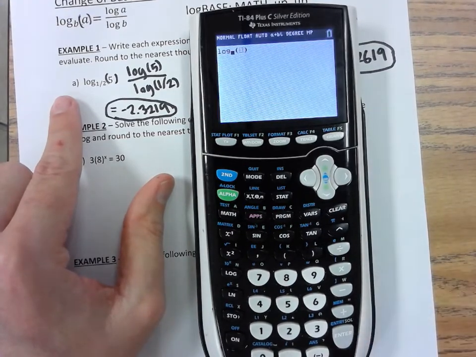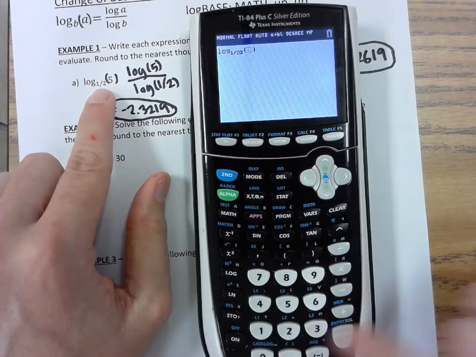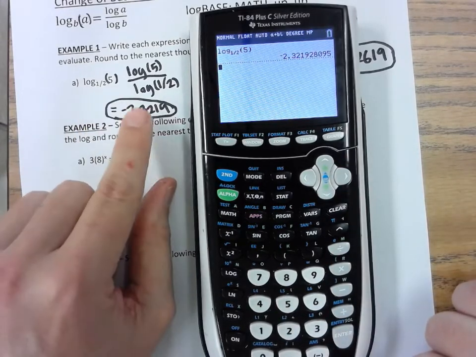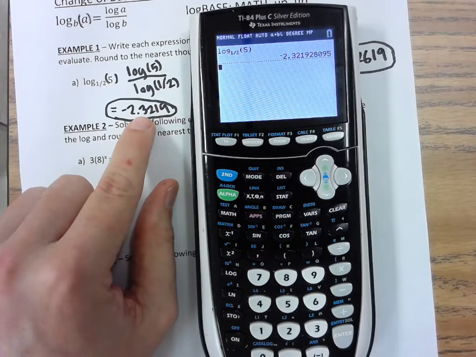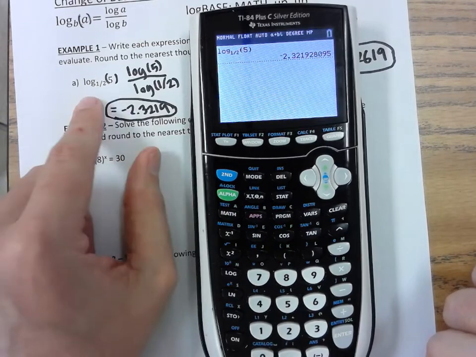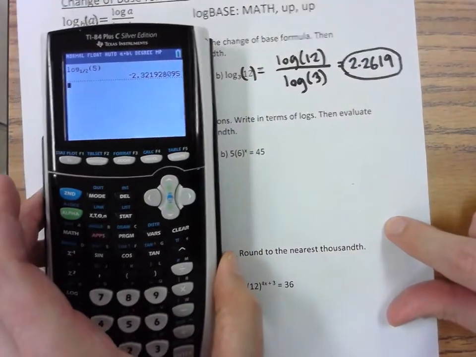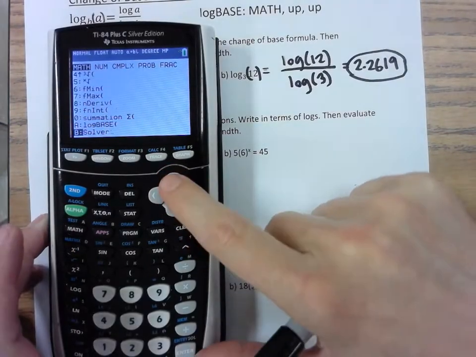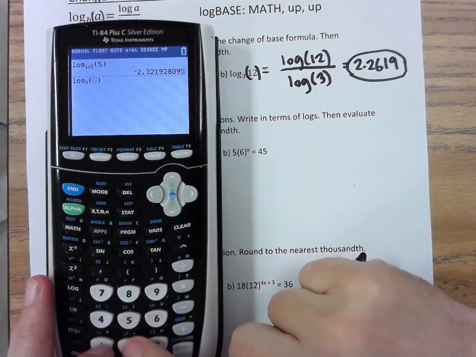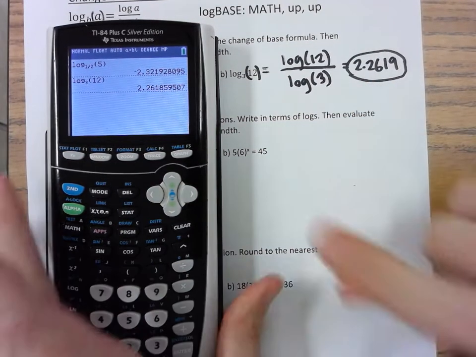Now, when you press enter, you actually can change the base in there. So I can put the 1/2 and the 5 right in there, and I can get negative 2.3219. So you don't even need to use that formula if you want to take a shortcut. Same thing over here, log base 3 of 12. Math, up, 3, 12, 2.26. So it's all right there.